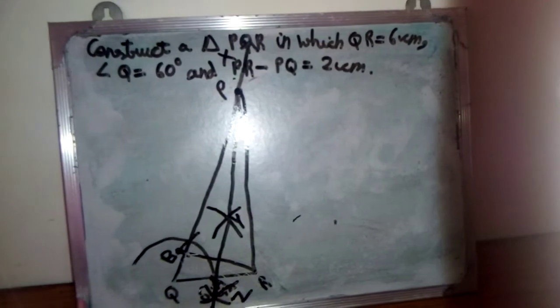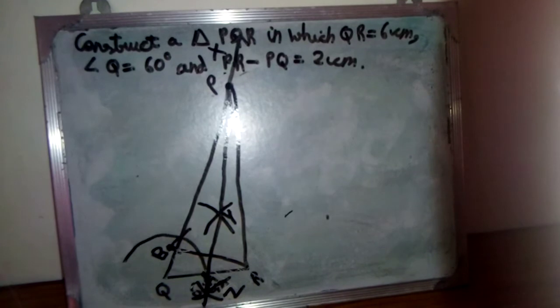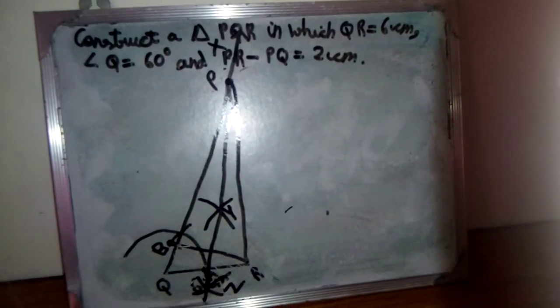Now we will take an explanation for the concept that PR minus PQ is equal to 2 centimeter.